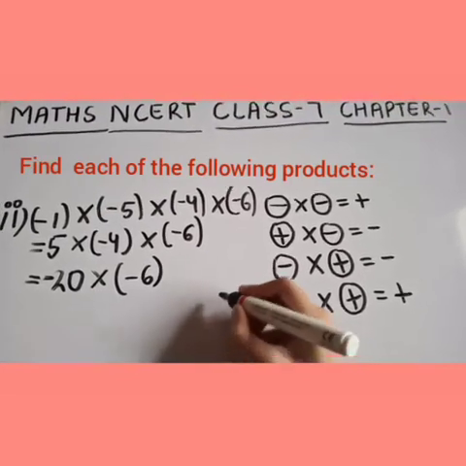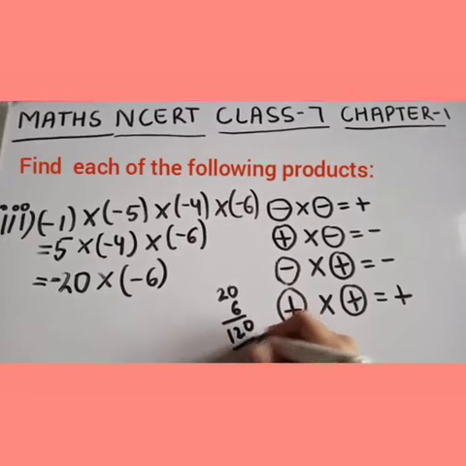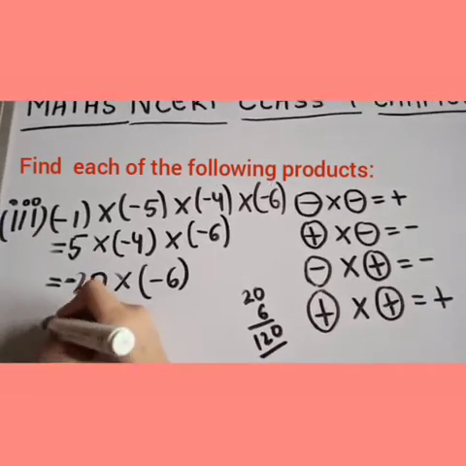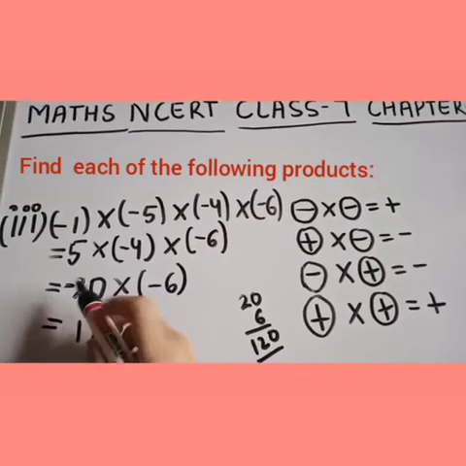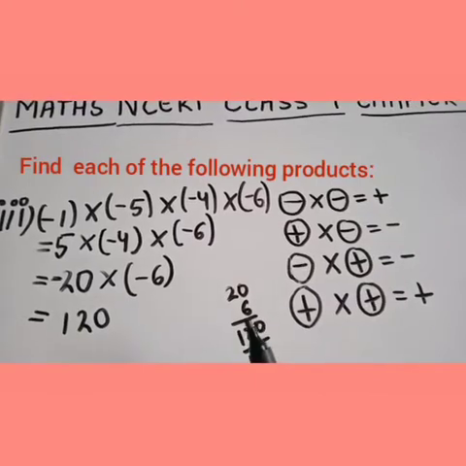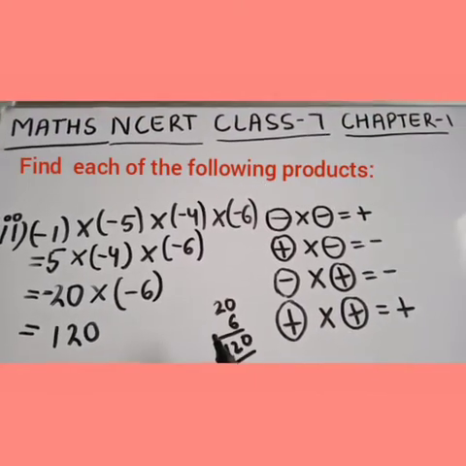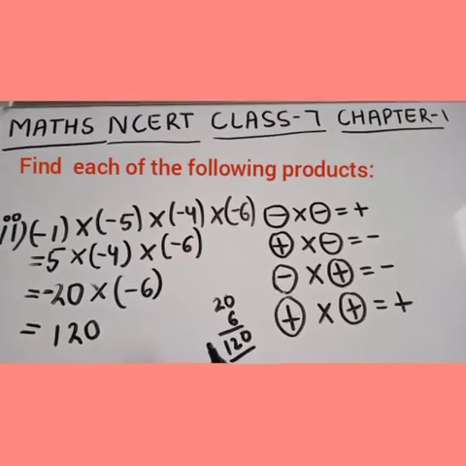So 20 by 6 is 120. And negative and negative make a positive number. That means 120 will come out to be a positive number.